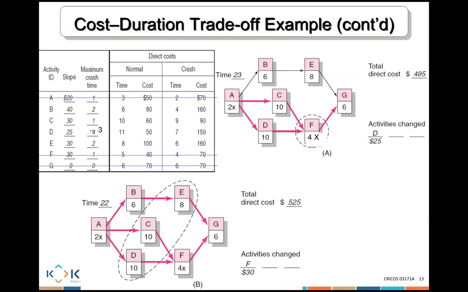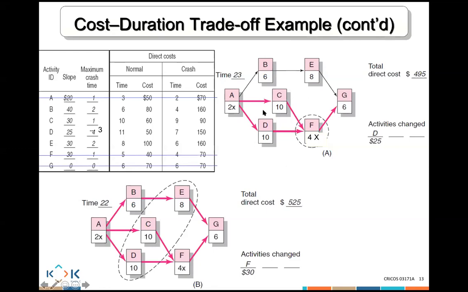Yes. 22. So let's look at the first path. Let's look at ADFG. What can I crash? D. ACFG. What can I crash? C. ABEG. What can I crash? E.